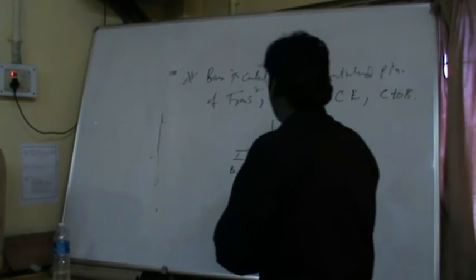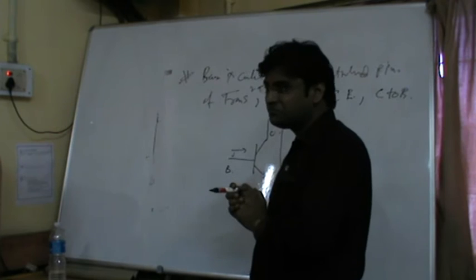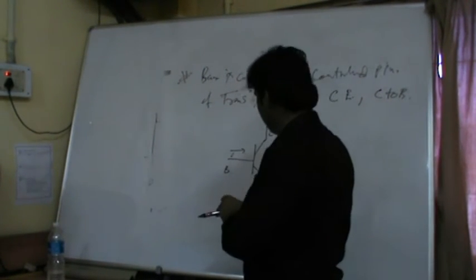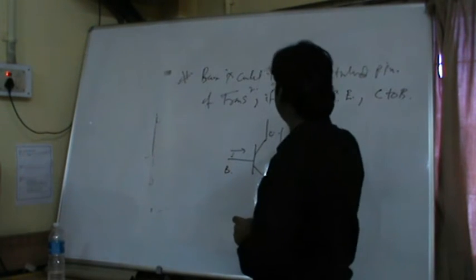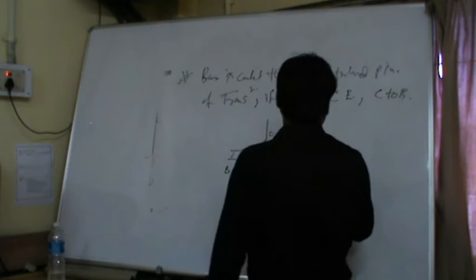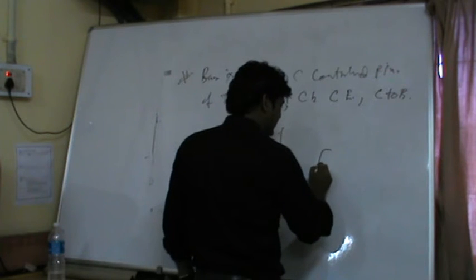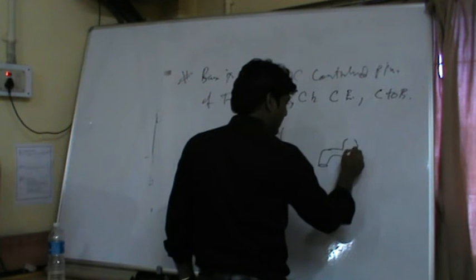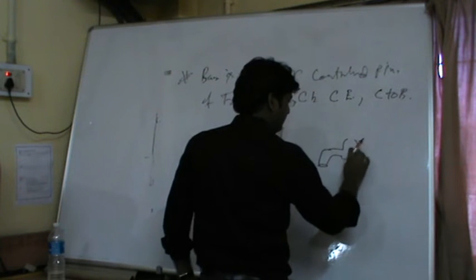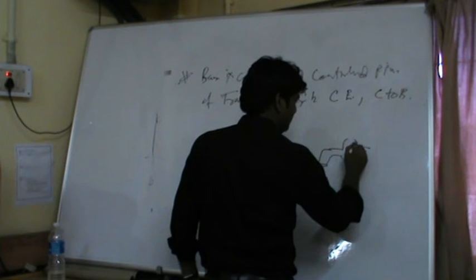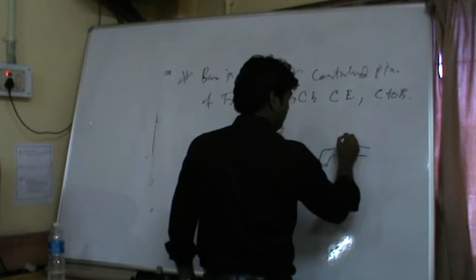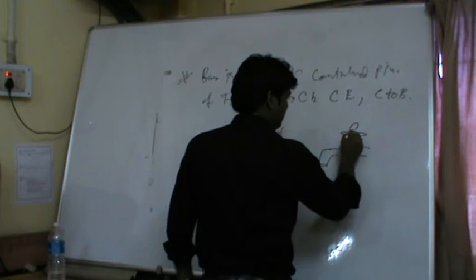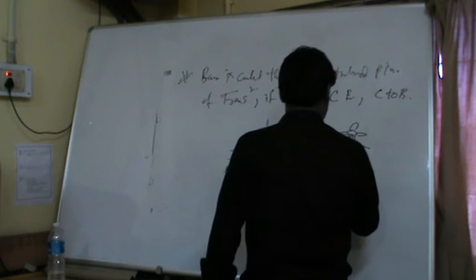Now, how can we define it? The base is called the current control pin of the transistor. If I increase the current in the base, the collector to emitter resistivity decreases, and a huge current flows from the collector to emitter. Suppose this is a tap.